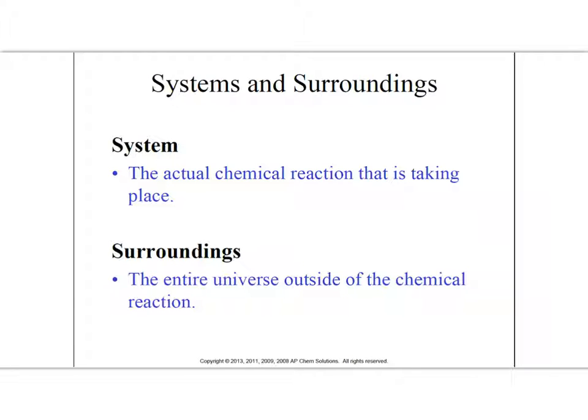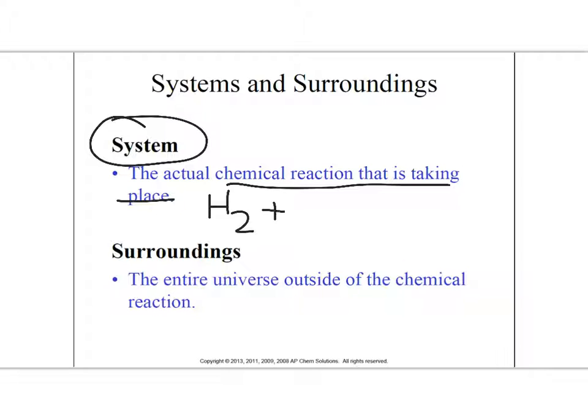All right. Now this is something you need to be aware of as we're going through this unit. We have two things involved. We have the system, that is the actual chemical reaction that's taking place. So for example, if we are just doing this simple reaction of hydrogen gas plus oxygen gas, giving us water. Let me balance that out real quick.